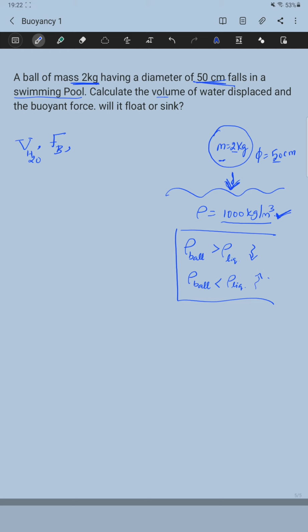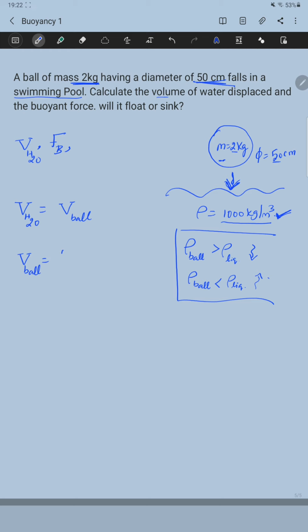First we have to find the volume of the water displaced. As I told you, the volume of water displaced equals the volume of the ball. So how to find the volume of the ball? It's a sphere.